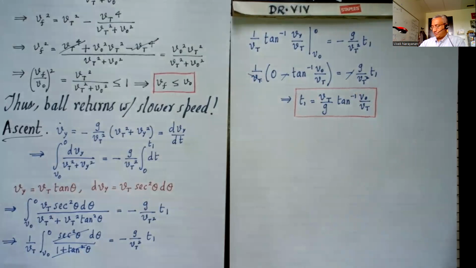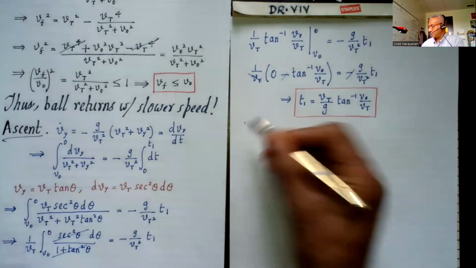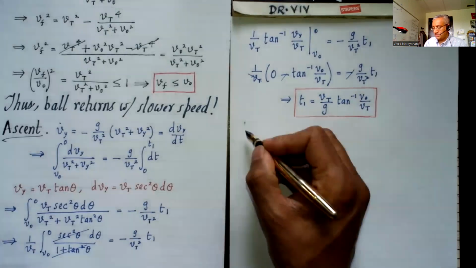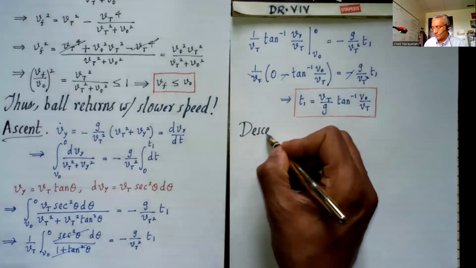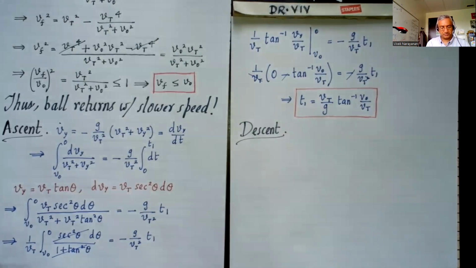Okay, now that's the ascent phase. Let's look at the descent phase. In the descent phase, we'll be able to find an expression for the time T2. The differential equation in the descent phase differs from the ascent phase in only having that minus sign in between.